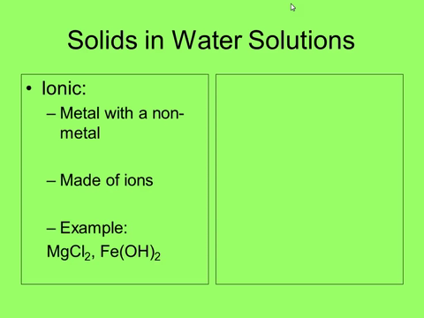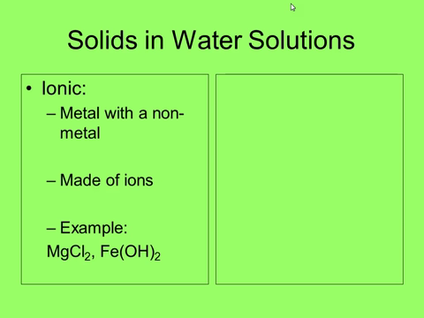Now, once again, just to clarify, ionic versus polar. Ionic is a substance that is a metal with a non-metal. Where is a metal on our periodic table? The left. So this area. These metals or non-metals?